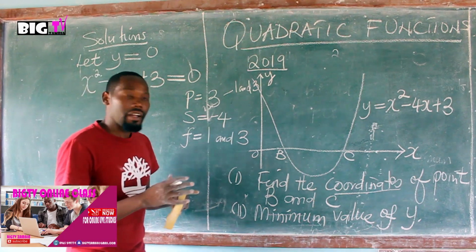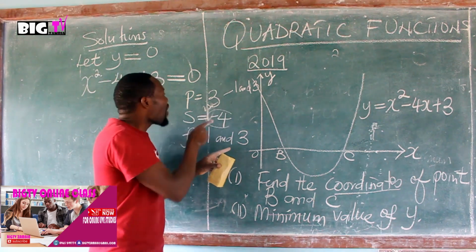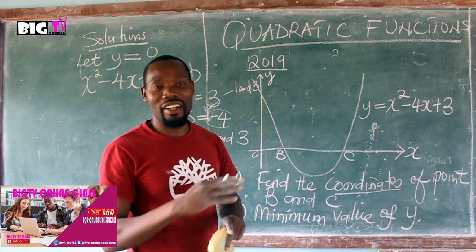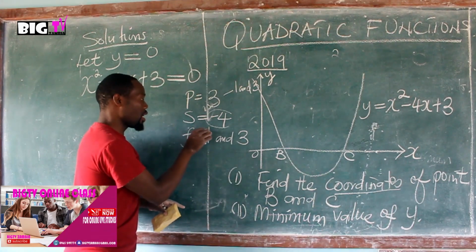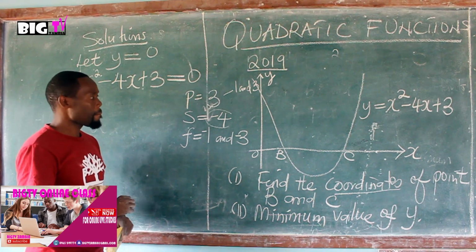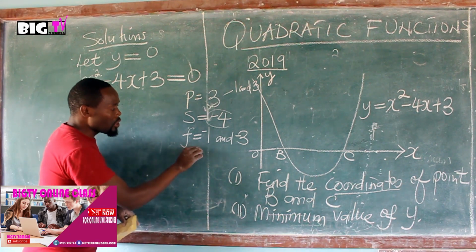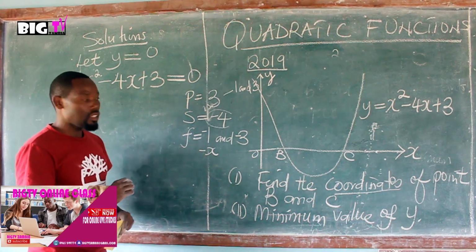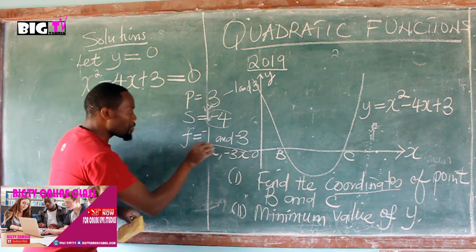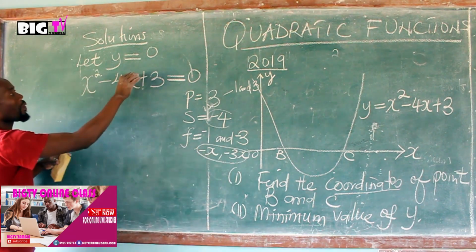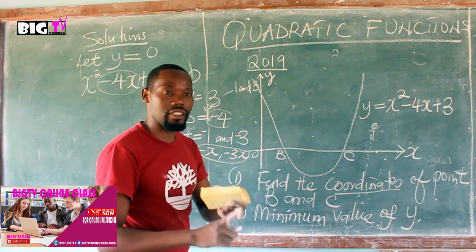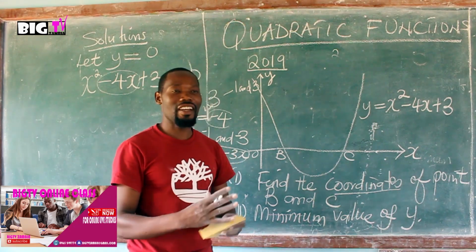Listen very carefully here. If the sum is negative and the product is positive, it means both factors must be negative. So this will be negative x and negative 3x. These factors are the ones which are going to be replaced here, so that you have 4 terms, and then you factorize using the grouping method.